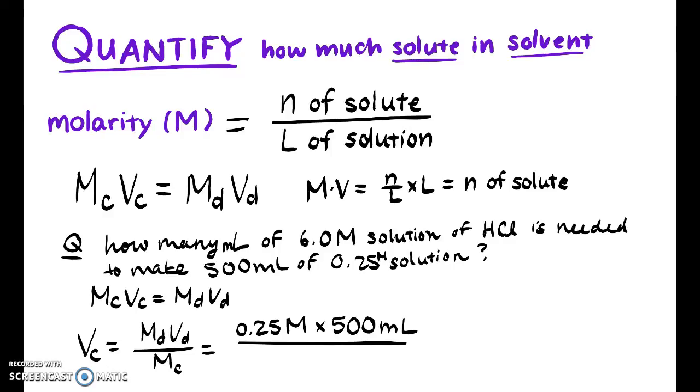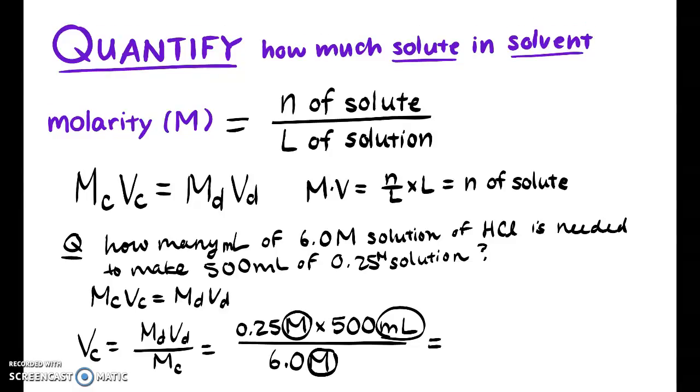You might wonder why we don't have to convert milliliters to liters, but it'll become clear in a second. Mc is the molarity of the concentrated solution, namely 6.0 molarity. Looking at the units, we don't need to convert because the molarity on top and bottom cancel out, and we're left with milliliters, which is our desired unit for our result.